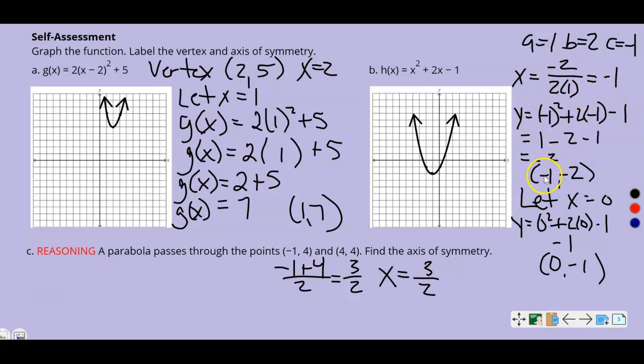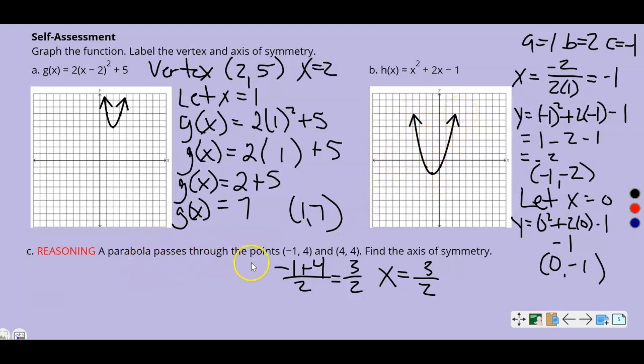So (negative 1, negative 2) is your vertex. The axis of symmetry would be x equals negative 1. And then choose another point. I said let x equal 0. That's an easy point to plug in. 0 gives you an output of negative 1. So (0, negative 1) is on the graph as well. Reflected over, that gives you 3 points, and you can sketch the graph.